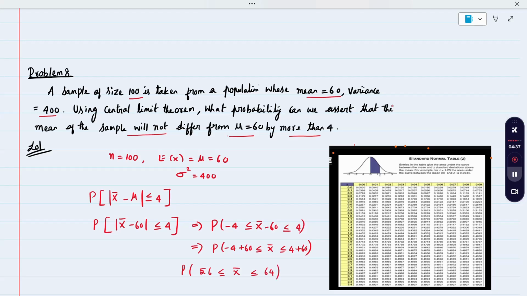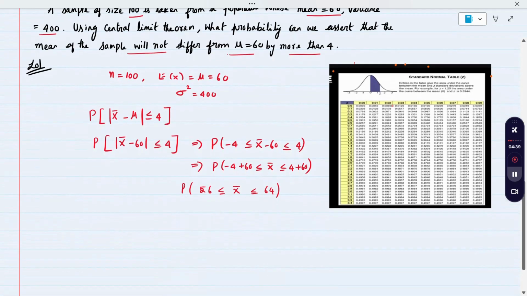Now we have to subtract the mean and divide by the standard deviation. So the probability of (56 minus mu) divided by sigma, where the standard deviation is sigma divided by root n, so sigma by root n.